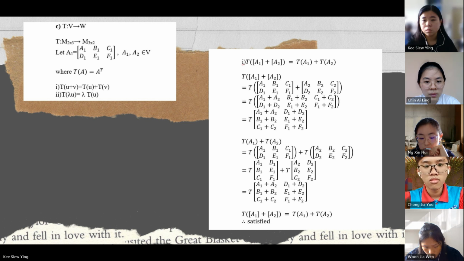For the right-hand side, we split into the sum of two vectors, T(A1) + T(A2), and transpose it, we get the same as the left-hand side. Thus, left-hand side equal to right-hand side. We have verified the first requirement.